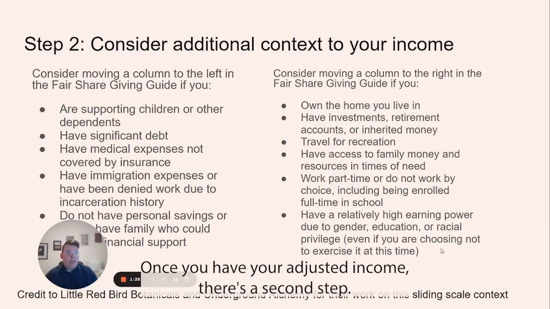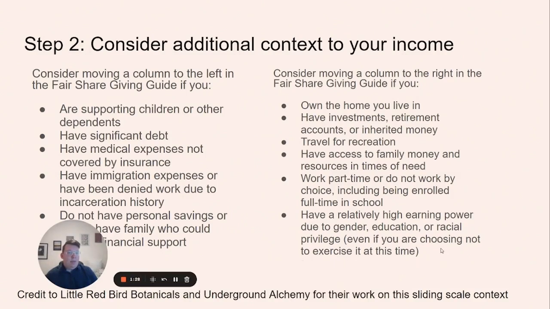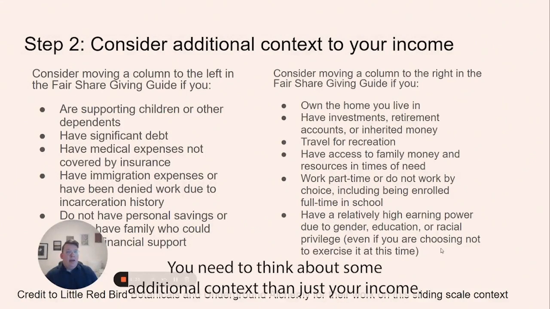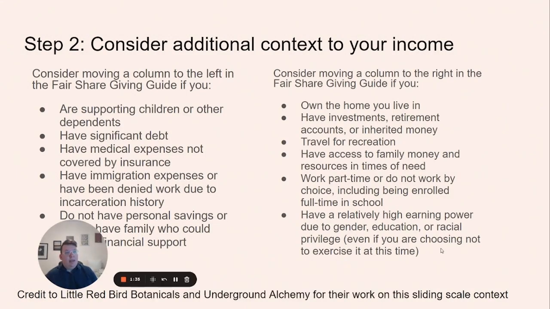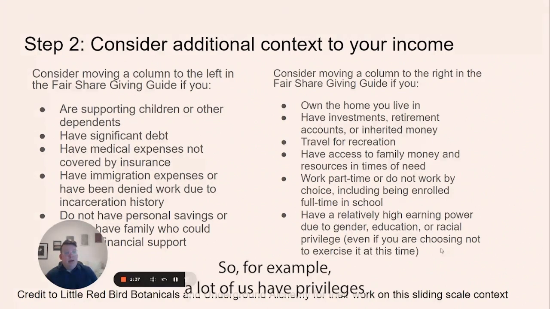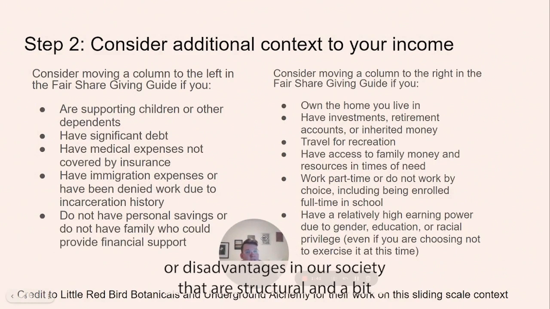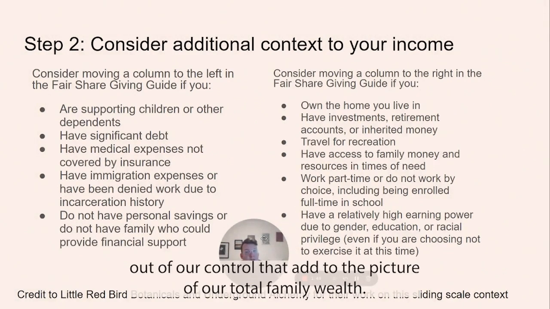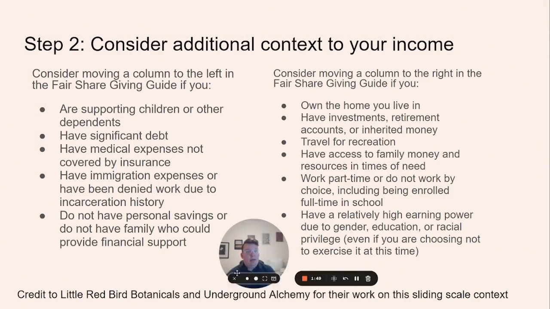Once you have your adjusted income, there's a second step. You need to think about some additional context than just your income. So, for example, a lot of us have privileges or disadvantages in our society that are structural and a bit out of our control that add to the picture of our total family wealth.